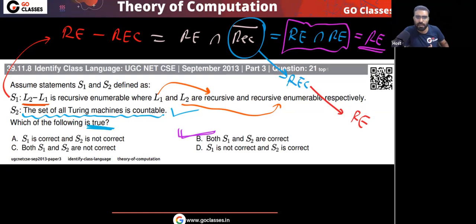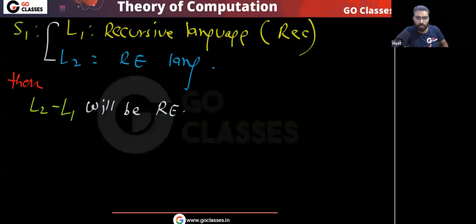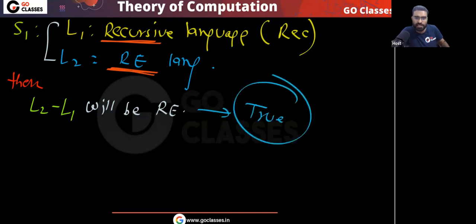Is this clear? Now let me ask you one variation in the same question. L1 is recursive, L2 is RE. So L2 minus L1 will be RE; this we have already seen.